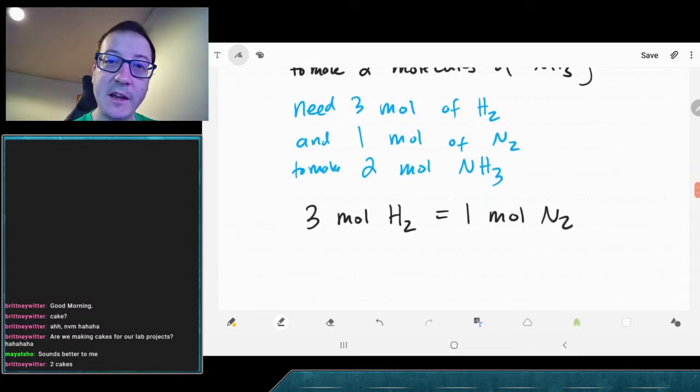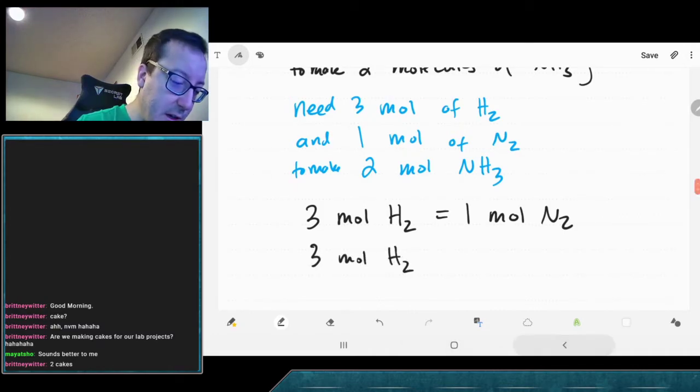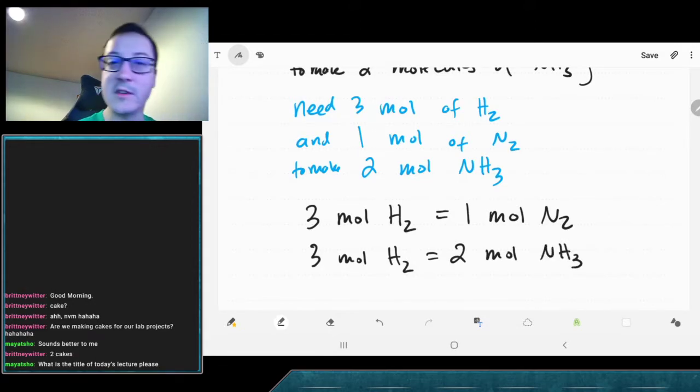For this reaction, we would need, for every 3 moles of hydrogen, 1 mole of nitrogen. And so this is going to be a conversion factor that we get out of this. And we could say the same thing. We would need 3 moles of hydrogen to make 2 moles of ammonia.